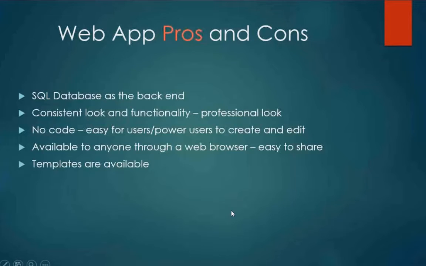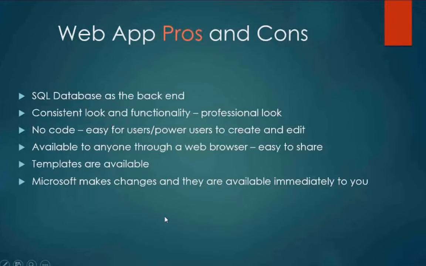And as you saw, I used a template. There's a bunch of templates available. Maybe they're going to fit perfectly with what you want, maybe not, but maybe it's a good starting point so that you don't have to create the entire thing. Anything that saves time is always a good thing.